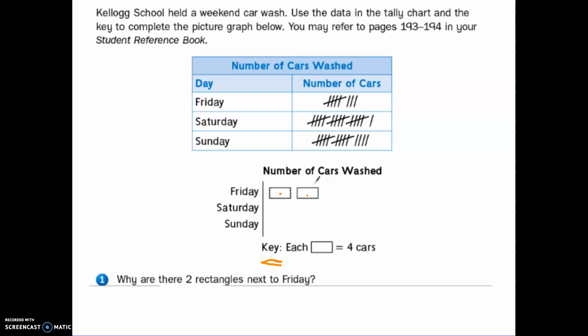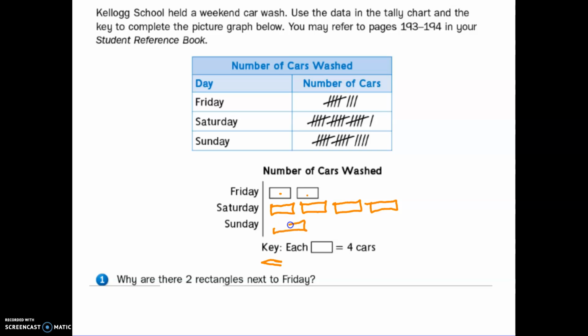How many rectangles would we need? We would need 4. Each one equals 4 cars. So 4, 8, 12, 16.